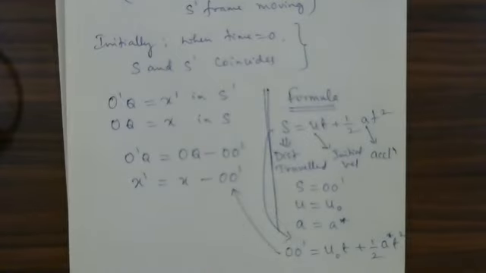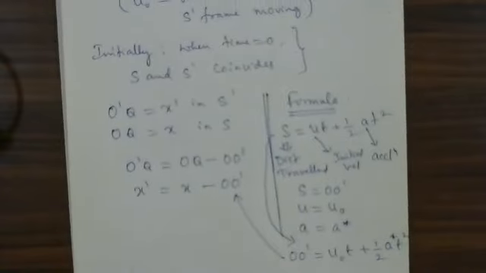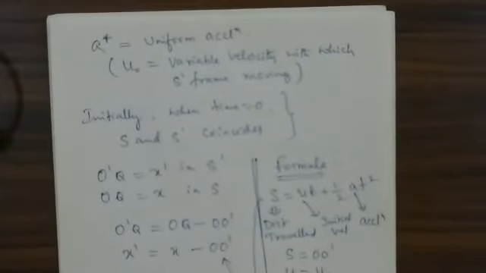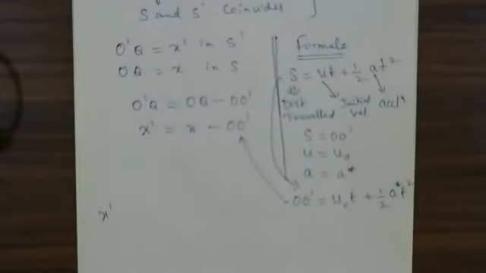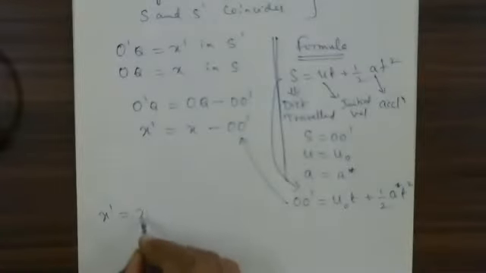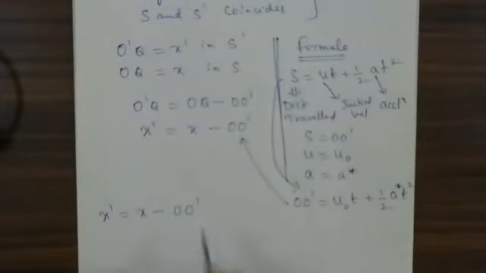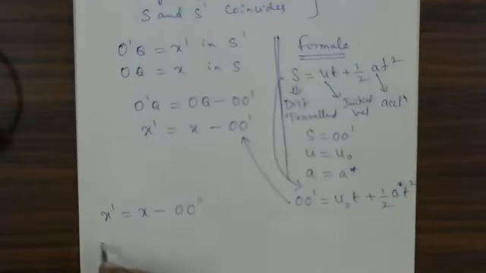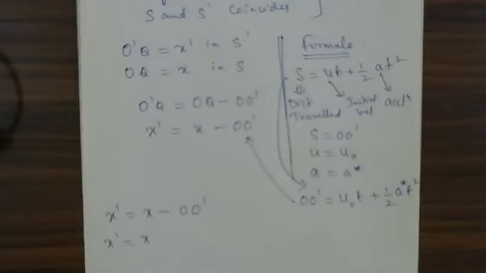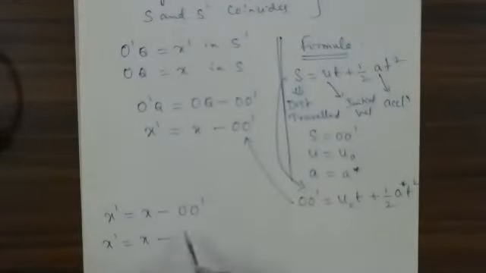Therefore, X dash is equal to how much are you going to get? I will write it here. X dash is equal to X minus O dash, and you do the substitution of the O dash value.